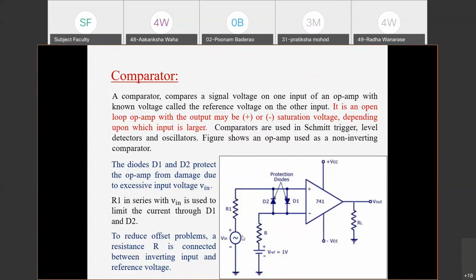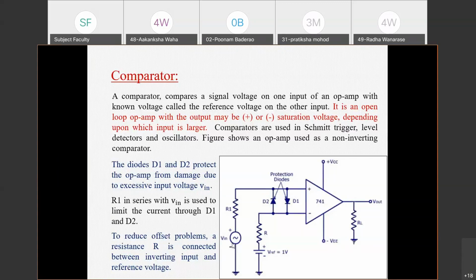And if this Vin is greater than Vref, then we will say that our output is positive. Why? Because Vin is given to the positive terminal and Vref is given to the negative terminal. If the voltage at the non-inverting terminal is greater than the voltage at the inverting terminal, then the output will be positive.